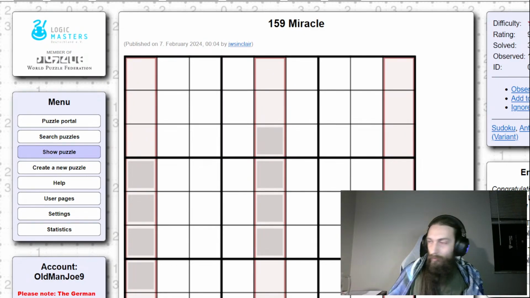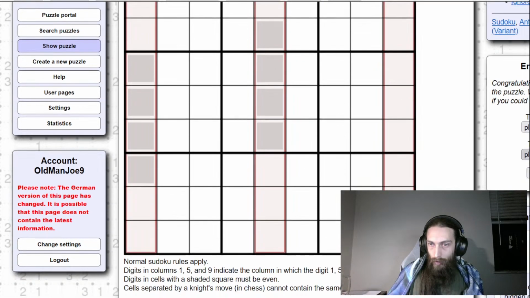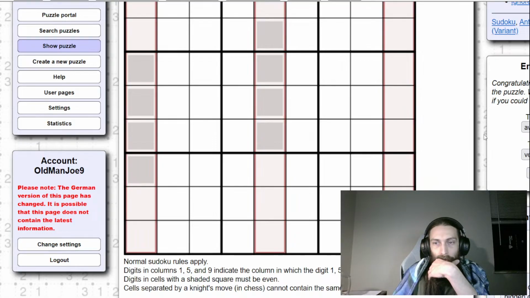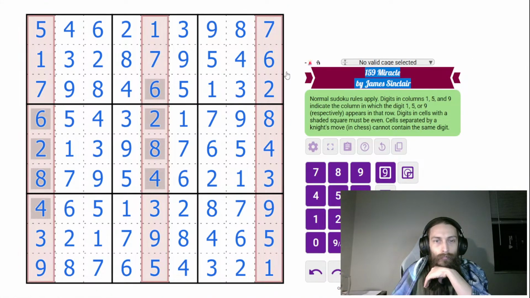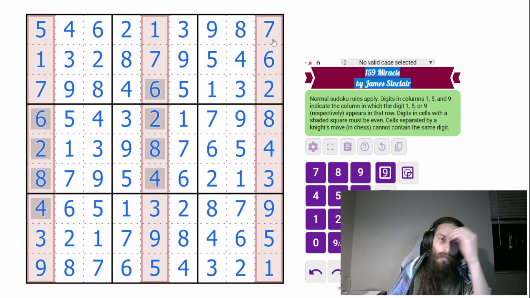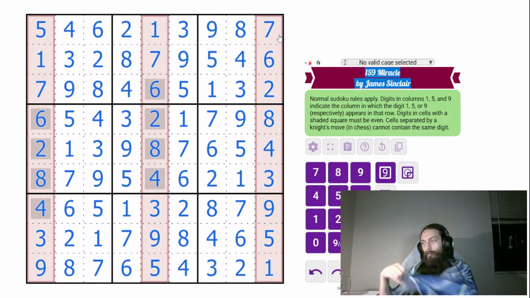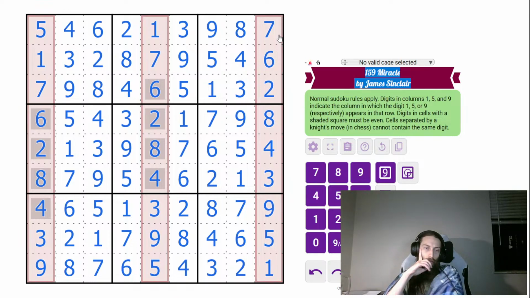Alright. That is a very nice puzzle. Difficulty average-ish. The 159 indexing is kind of tricky, but it's not too difficult to wrap your head around.